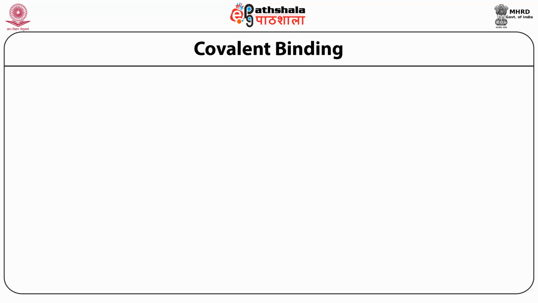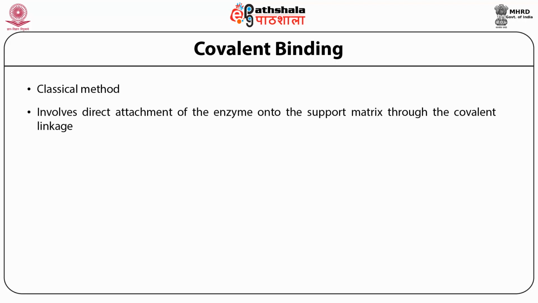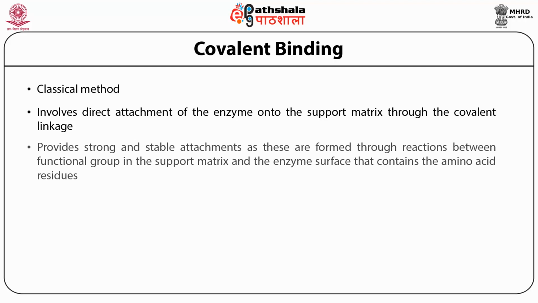The covalent binding of enzyme to the matrix is a classical method, and it involves direct attachment of enzyme to the support matrix through covalent linkage. It provides a strong and stable attachment as the bonds are formed through reaction between functional groups of the supporting matrix and the enzyme surface that contain amino acid residues.